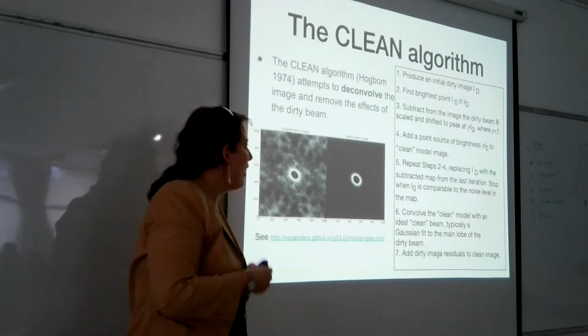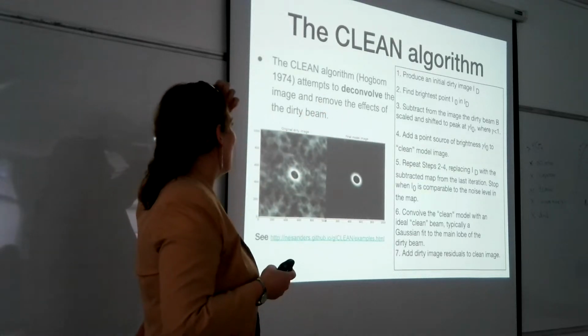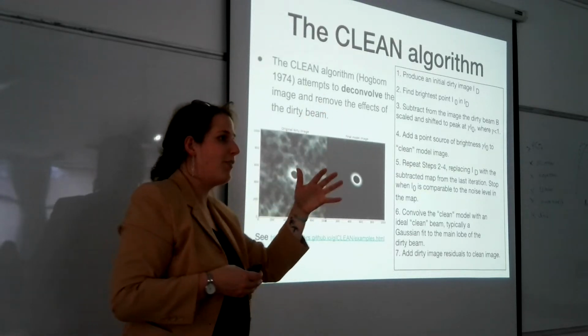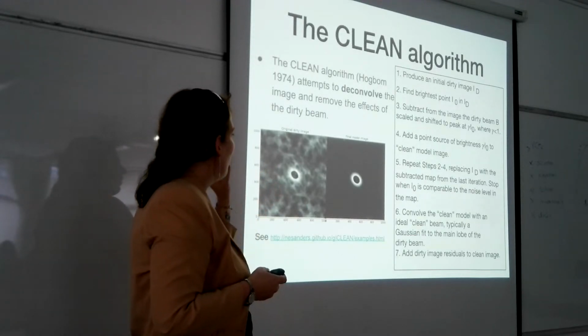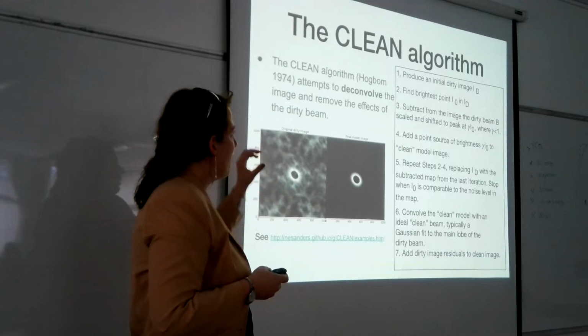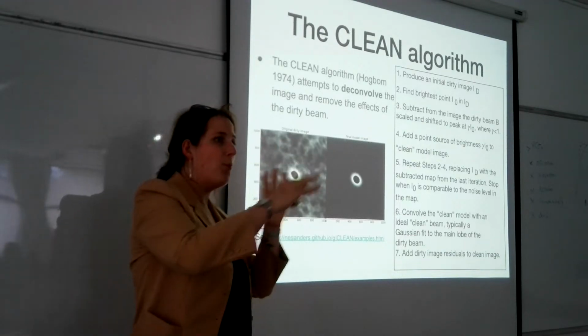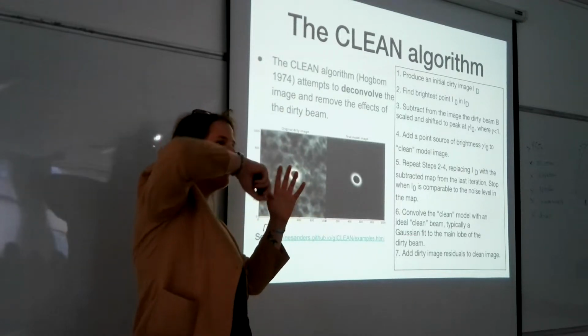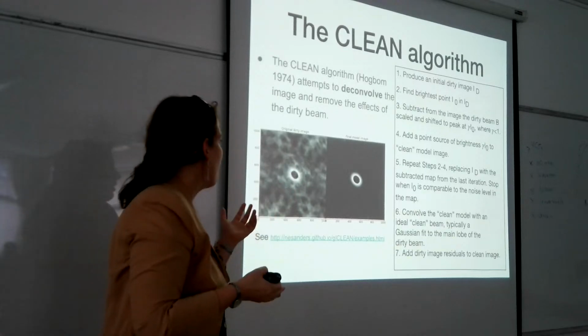And the way that the algorithm works is summarized in these different steps, but again, the software takes care of it. So you produce an initial image, the algorithm finds the brightest points, and you can help the algorithm by saying, this part of the image, this is real emission, so these are where you have to look for your brightest points.